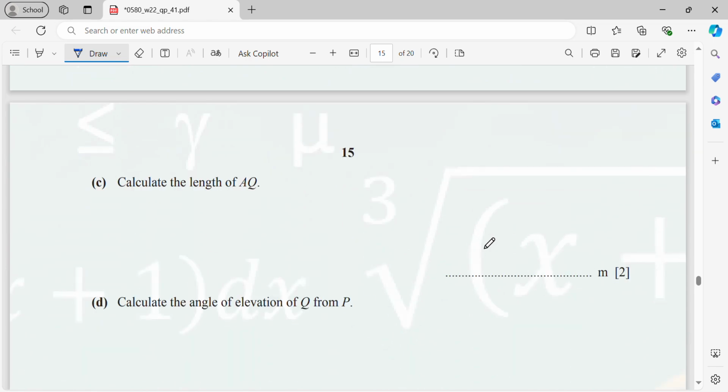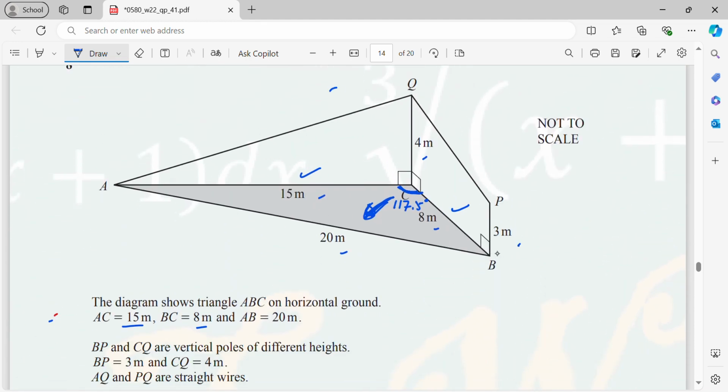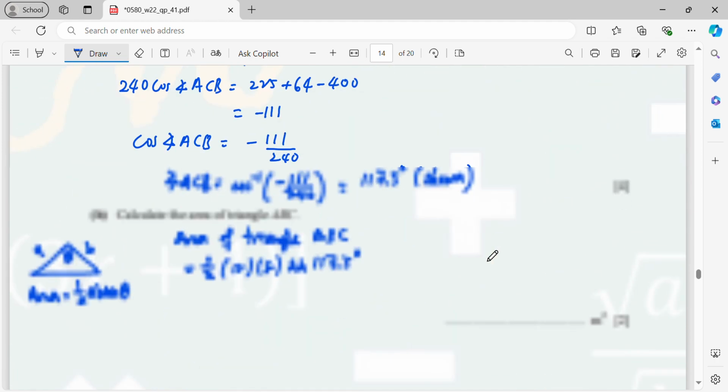C, calculate the length of AQ. Let's see the diagram. Where is AQ? I need to find this. You can just refer to this triangle. This is 15, here is 4, and it is a right angle triangle. So I can find AQ using Pythagoras theorem.